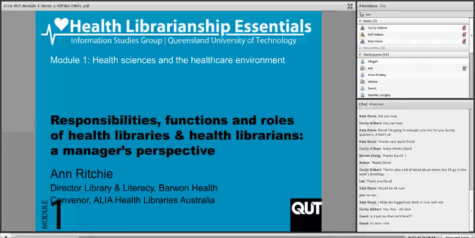I won't also be talking about policy, even though that is part of a manager's responsibility, but it is another topic, except to say there are probably two major areas of policy that health libraries would need to look at. One of them is about collection development, and the other one is about membership policies. And the other kind of thing that I won't really be touching on is any kind of planning activities.